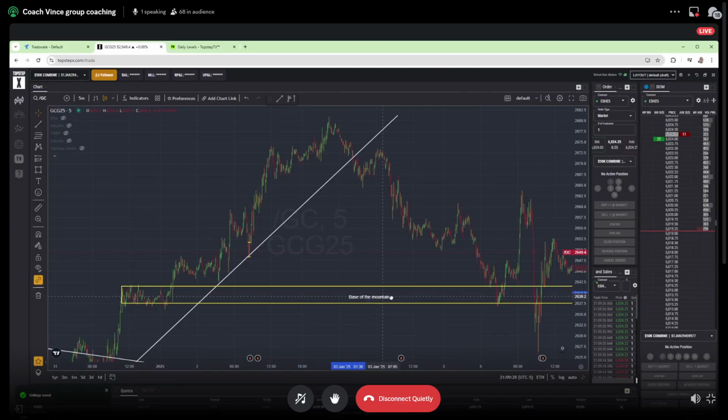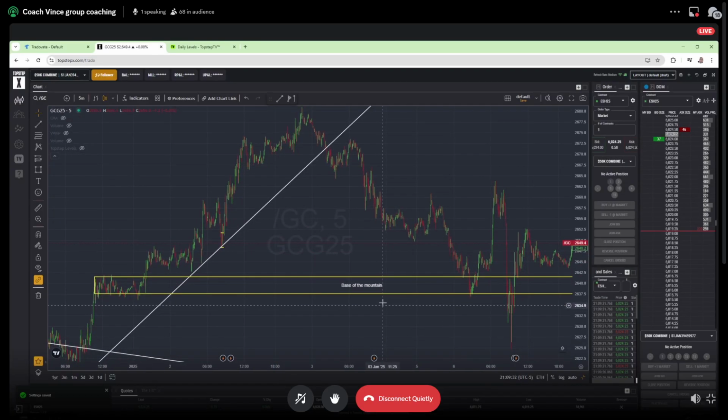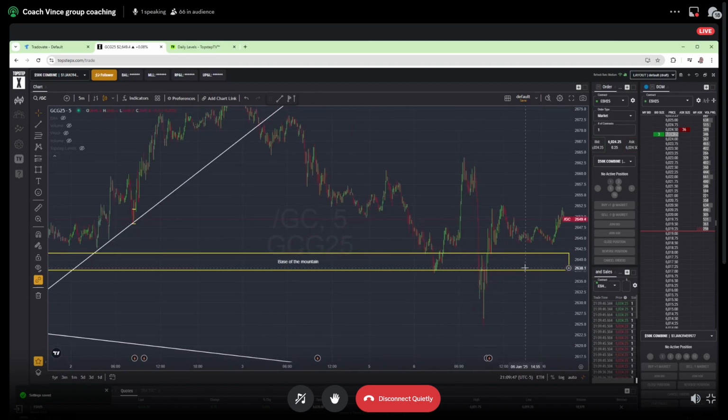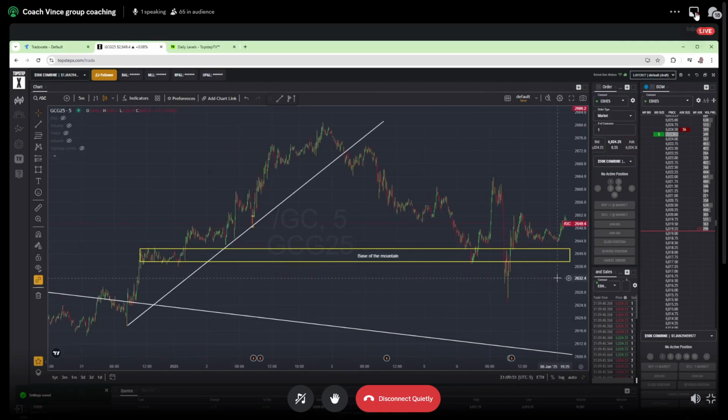You get a little bit stung, right? The bees will come to sting you when you start selling into the base of the mountain. So you got this little base here, it comes all the way down, bounces into the congestion, it rotates up, okay, and then finally it falls and breaks through it, but then it came back up, right? So this is just a very, very choppy mess right now.